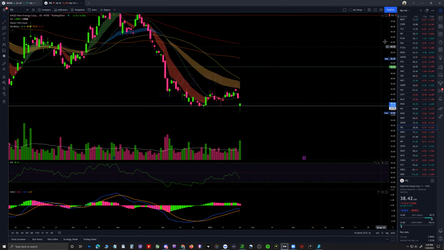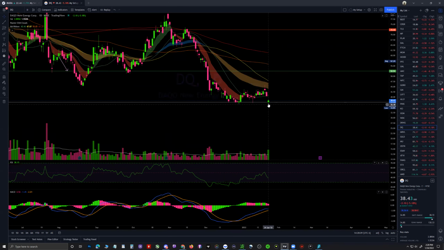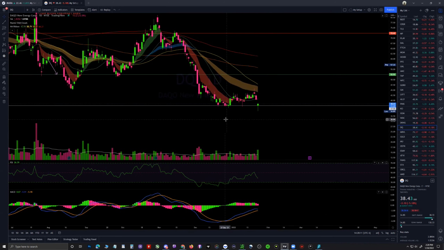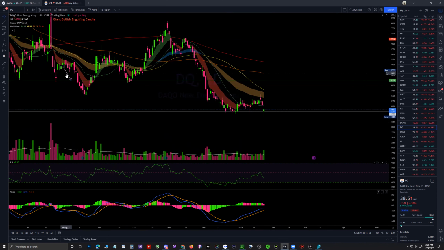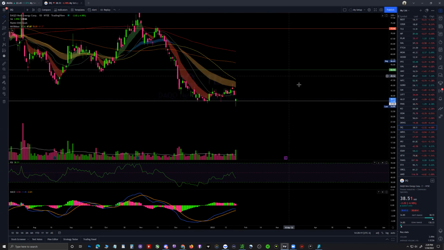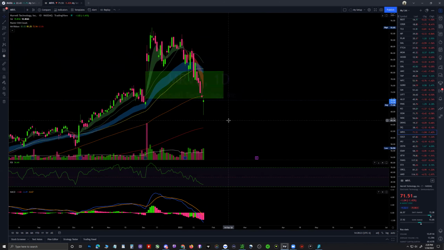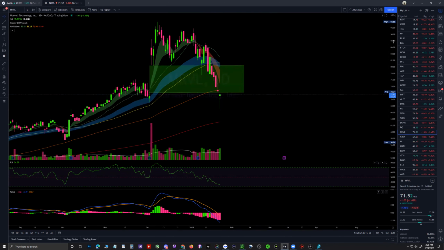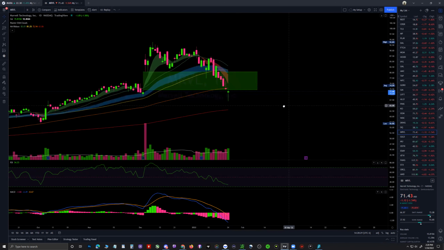DQ. Another one with the green candle with the buyer's wick at the bottom. You gotta ask yourself, is this a reversal or is this a dead cat bounce? It's hard to tell, but every single stock is the same. Look at this. Every single one.